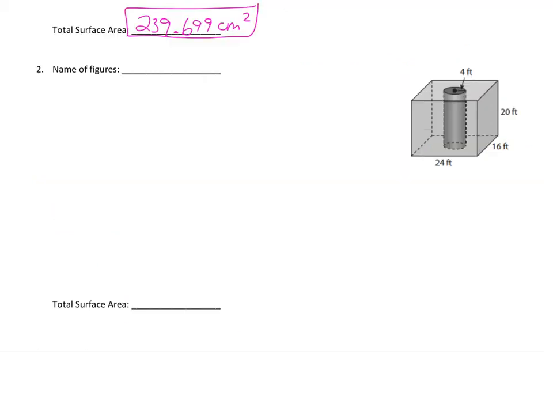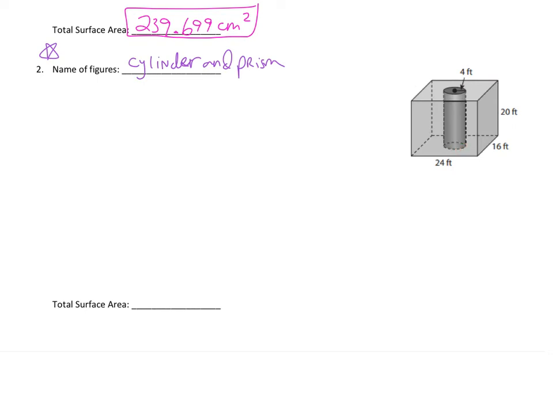Now in number 2, it makes it a little bit more challenging because we have a hole in the inside. So I first want you to name the two figures that are shown in our picture. You should have chosen that it is a cylinder and it is a prism. And what we need to do for the total surface area is use the total prism, but for the prism part of it, we're going to have these little holes for the circles that we will not want to include.